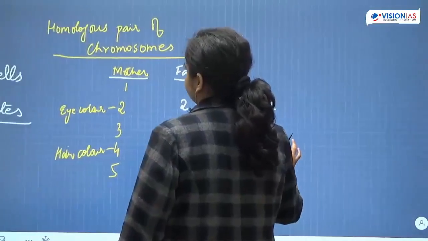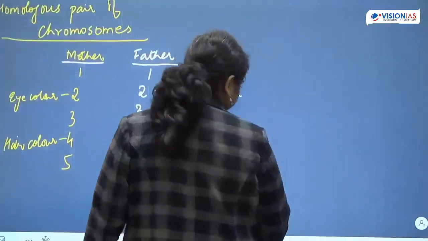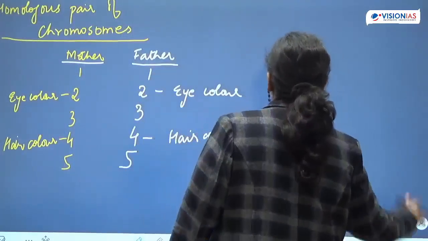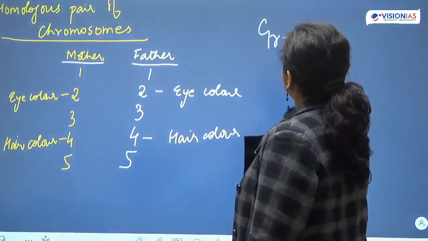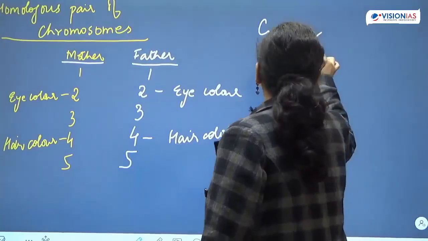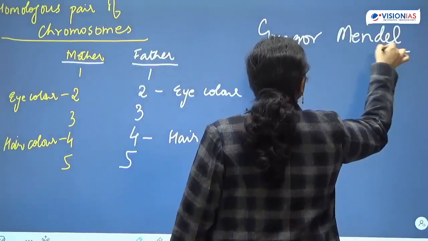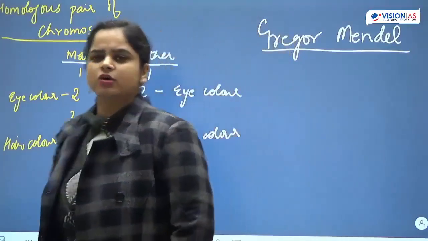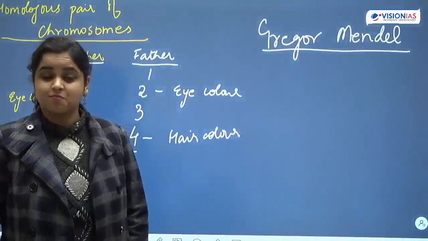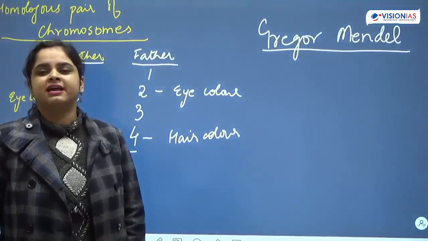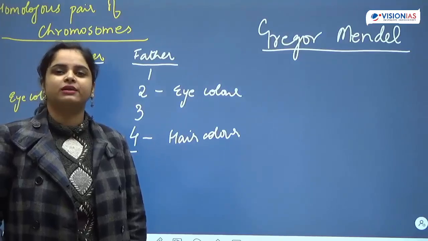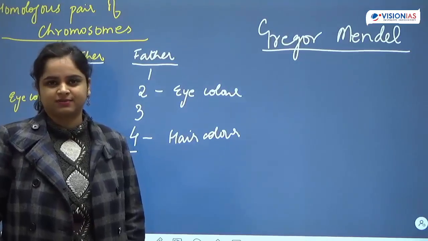Now it's time for Mendel to show his work. There's a person called Gregor Mendel. He had no understanding of DNA or gene or what those things are. But nevertheless, he gave us an understanding of how inheritance can take place.